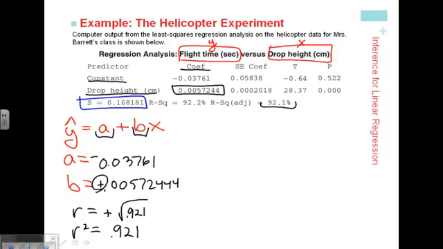So what does that mean? Well, a couple of things. One, if we were given a particular drop height and asked to predict how long you think the helicopter is going to take to fall, you take that drop height, plop it into X, and we get a value out which will be the center of the distribution of y values.